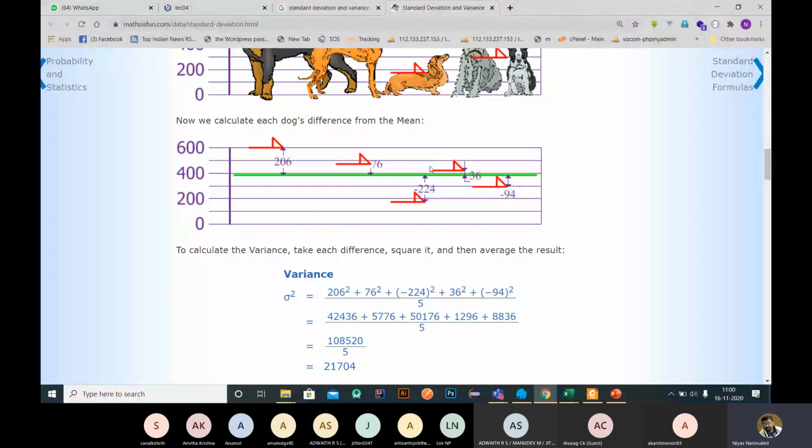So we find the difference, find the square of that difference, then find the mean. The mean of the squared differences is called variance. That is defined here: squared differences from the mean.